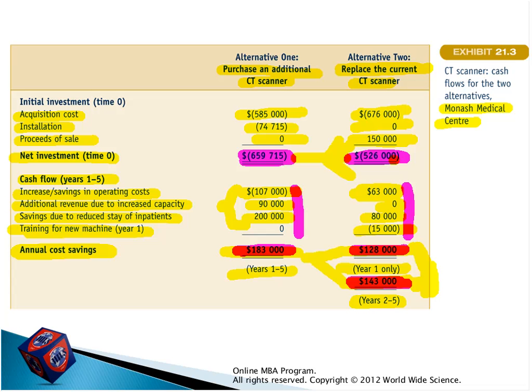Like capital expenditure decisions, we invest money to buy new equipment or plant or machinery or something else. But sometimes we can say it's a project as well, because we make an investment and try to receive some profits or some cost savings.